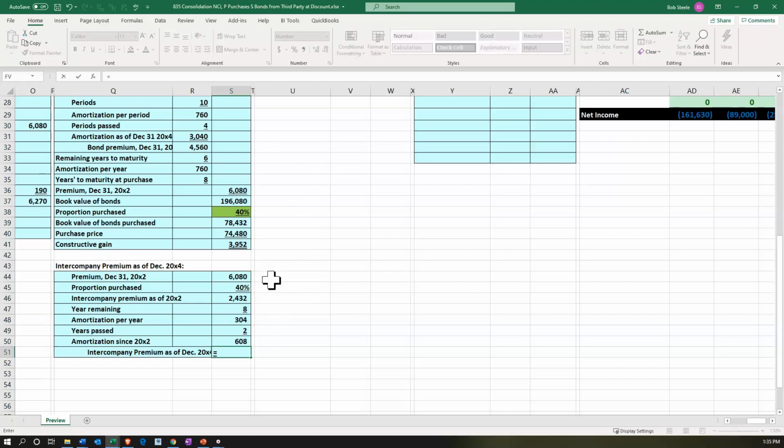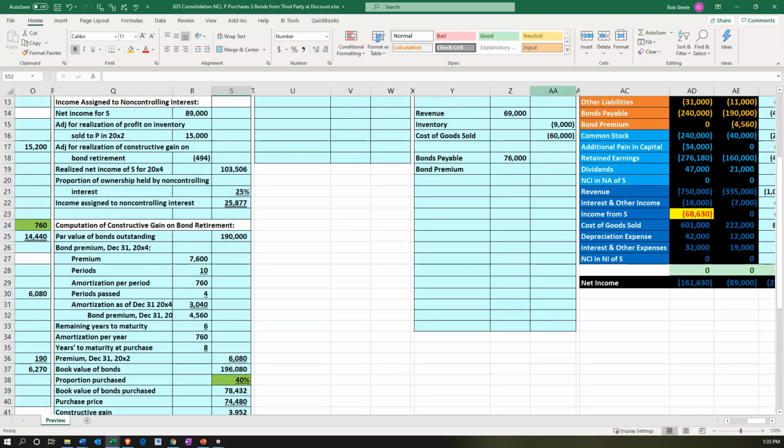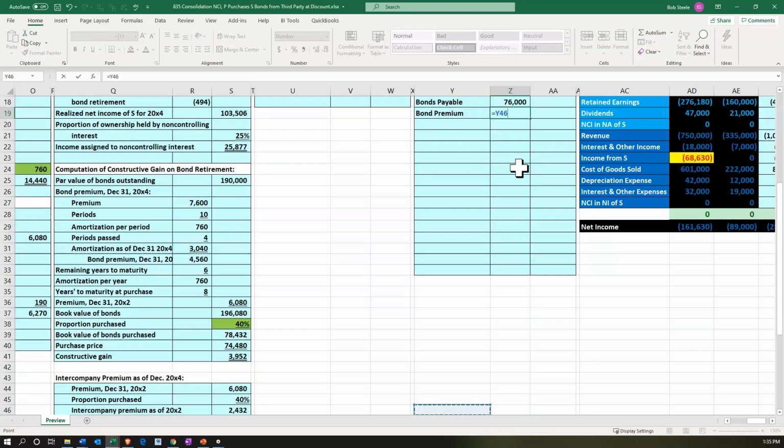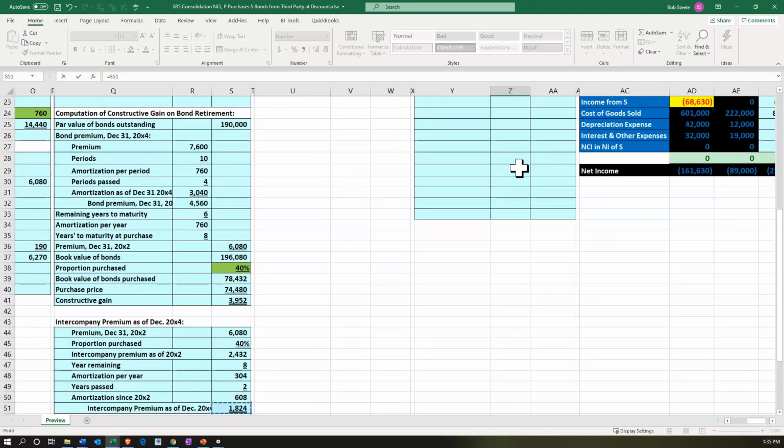So the total premium allocated to this 40% portion, minus the 106, means we're left with the premium that would be on the books that's related to this intercompany transaction, that 1,824. So we've got to remove the 1,824 premium. So we're going to be debiting the premium. I'm going to say this equals that amount.